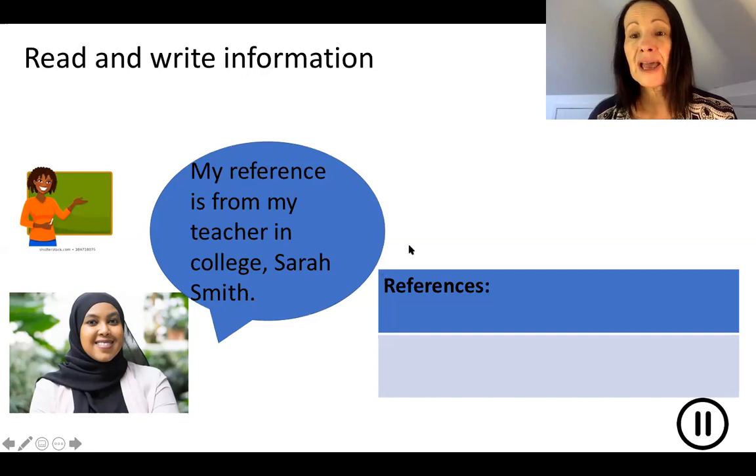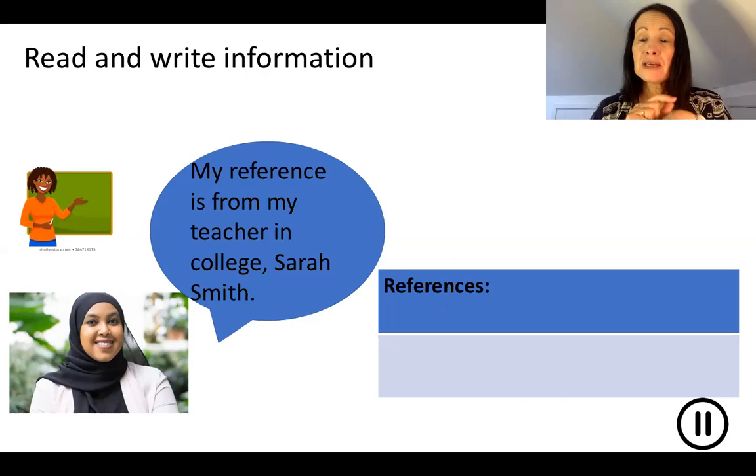When you apply for a new job, you have to give information about a person who can talk about your character and say that you are a good person to employ, you are on time, you work hard, all of those things. We call these a reference. You are asked for a reference from another person to say that you are a good person to take a new job.